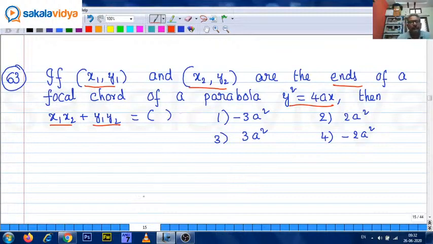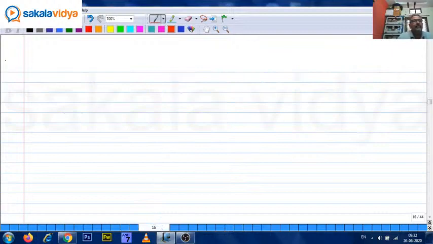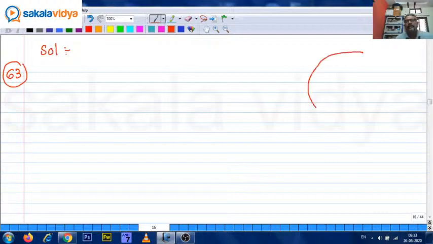Okay, now the 63rd solution. See, this is y square is equal to 4ax. This will be the axis now. Say this is the focal chord.